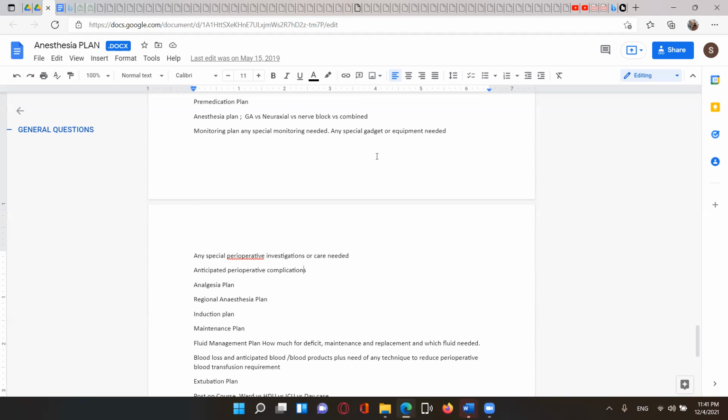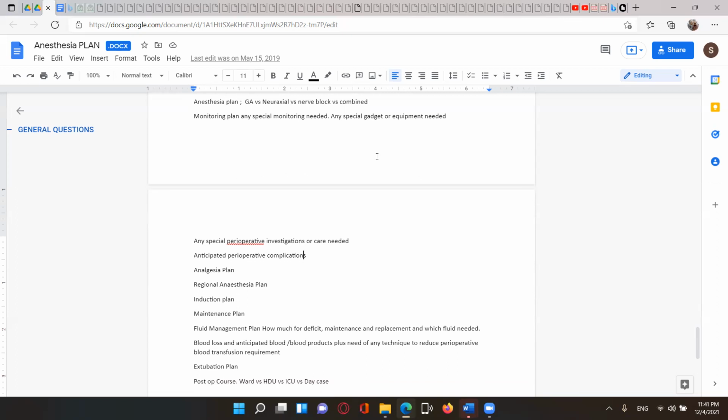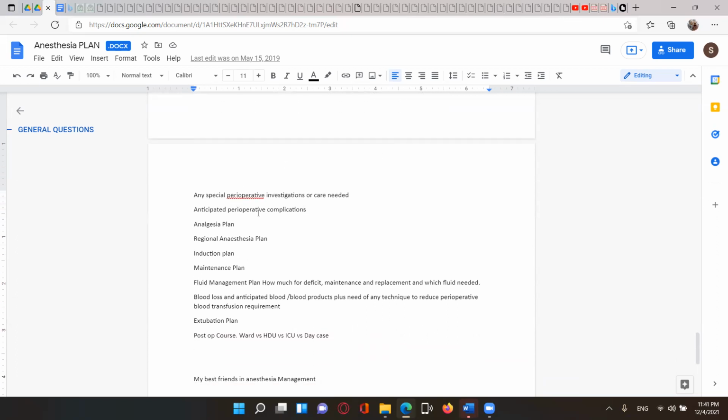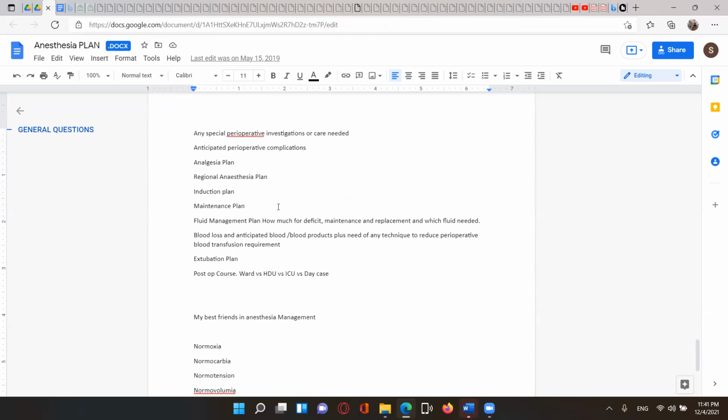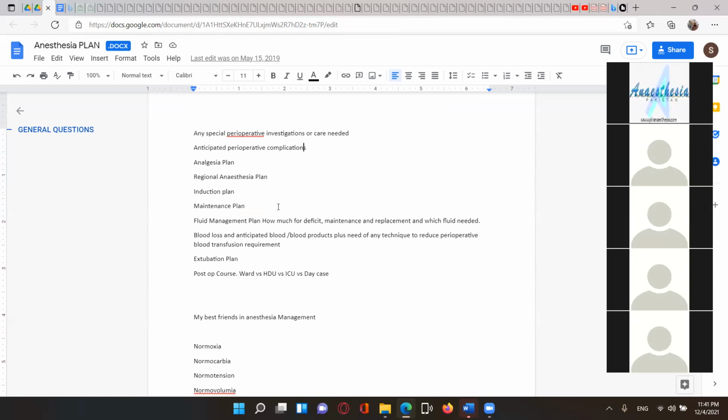It is actually theoretical; nobody uses it practically except in very specialized centers, but you should know about it. Then any specific monitoring or specific test which is needed, and anticipated perioperative complications. We discussed a number of them today, like air embolism, pulmonary embolism, bone cement, tourniquet, position related, whatever we said.